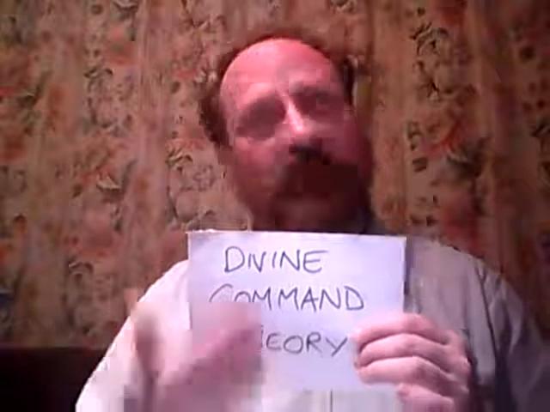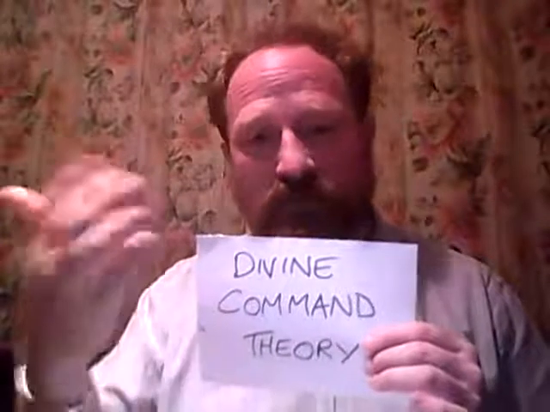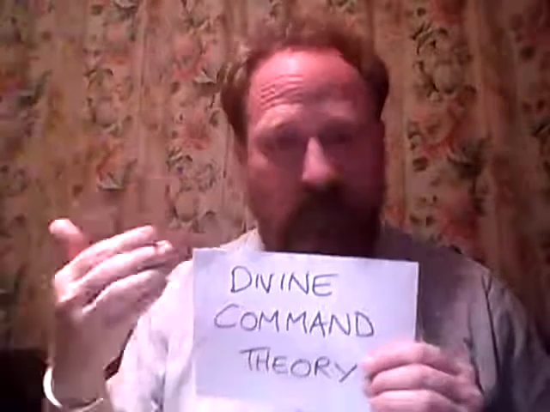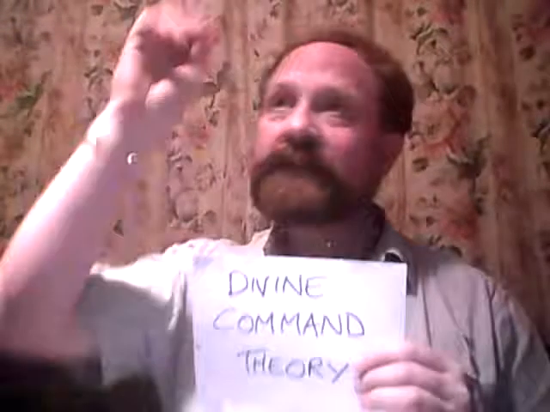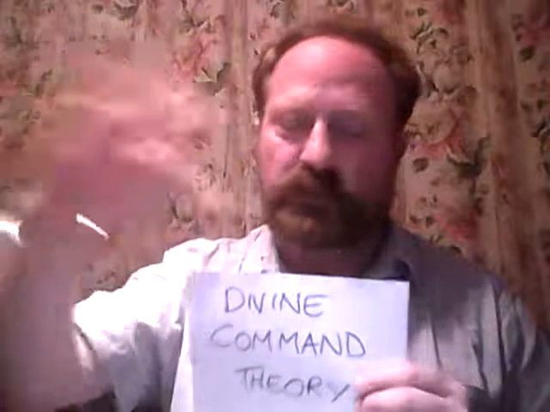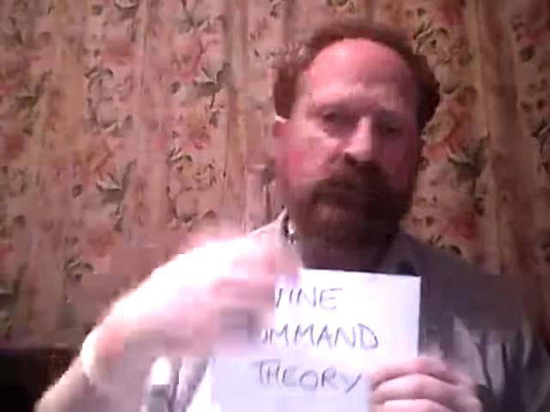Divine command theorists see those rules as emanating from a deity, their god or their goddess, or the gods if it's a polytheist religion, that a deity has set down, sometimes quite literally in stone, the idea that thou must do this, thou shalt not do that, and therefore you do it because God says you must. Even if sometimes you're not entirely clear why, but nonetheless you accept on trust that God knows better than you do, and if God says don't eat pork, you don't eat pork, even if you're not wholly sure why you're not meant to eat pork.